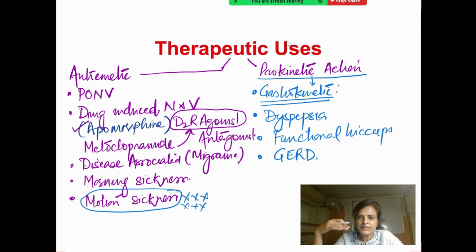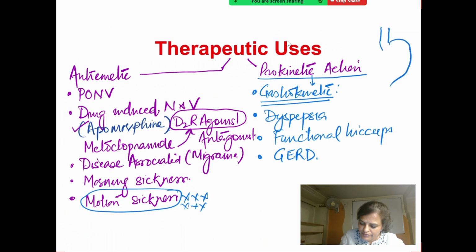Here there is a reflux of the gastric content. Instead of moving forward, it is moving towards the esophagus. Then the person will have heartburn. It is like this: instead of moving forward, the food particle is moving upward.